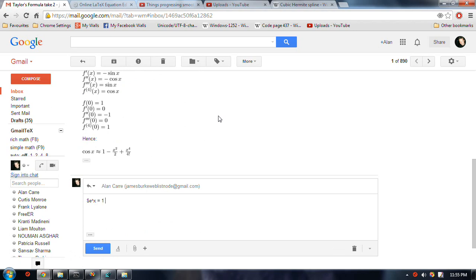So that gives you 1 plus x plus x squared over 2 factorial, that is 2, then the next one is x cubed over 3 factorial. And then you see it's really quite easy to remember.